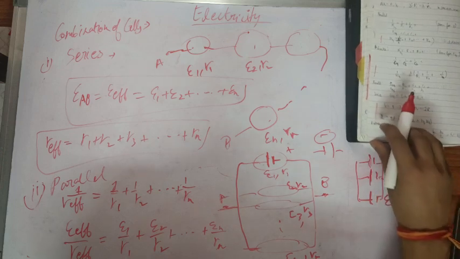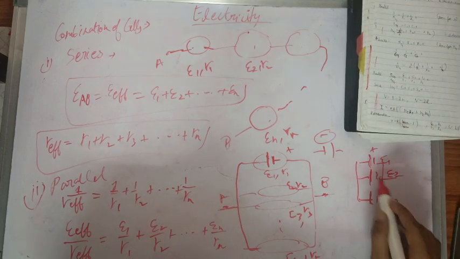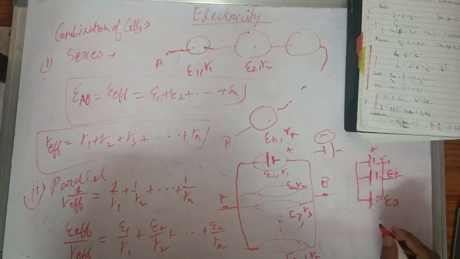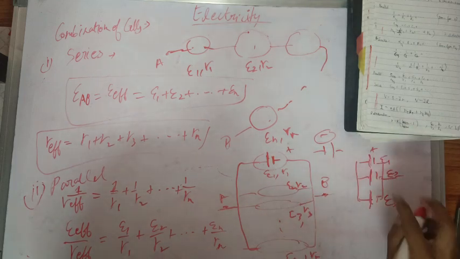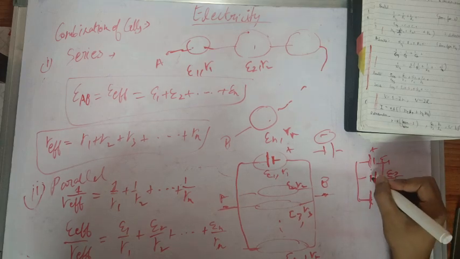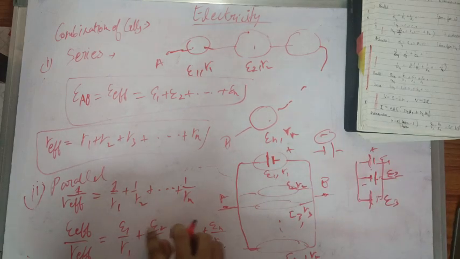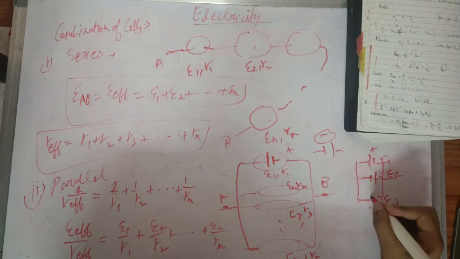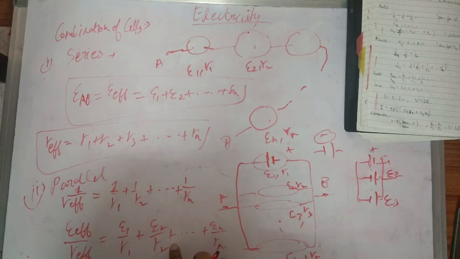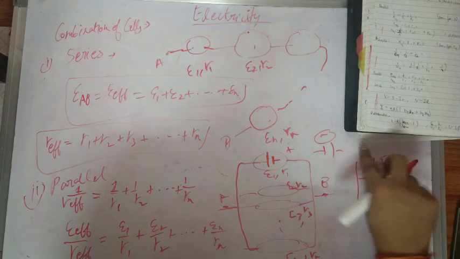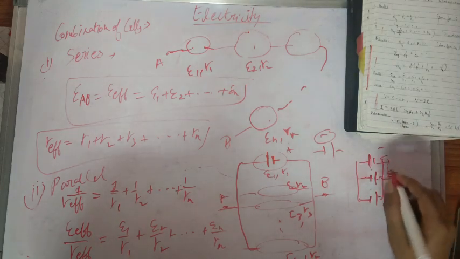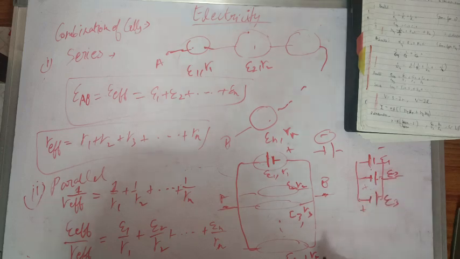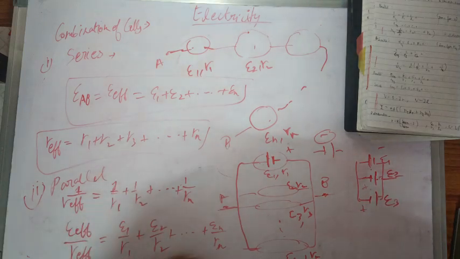Let's say this arrangement I am taking as positive, then this will be positive, and this will be positive. So I have to take all the EMFs in this equation as positive, and if this is reversed, then I will have to take this EMF with a negative sign, and if this is reversed, then I will have to take this E3 with a negative sign. And if I take this arrangement as negative, then this will become positive. So I have to take the sign of the EMF according to the arrangement of the cell, and resistance will always be positive.